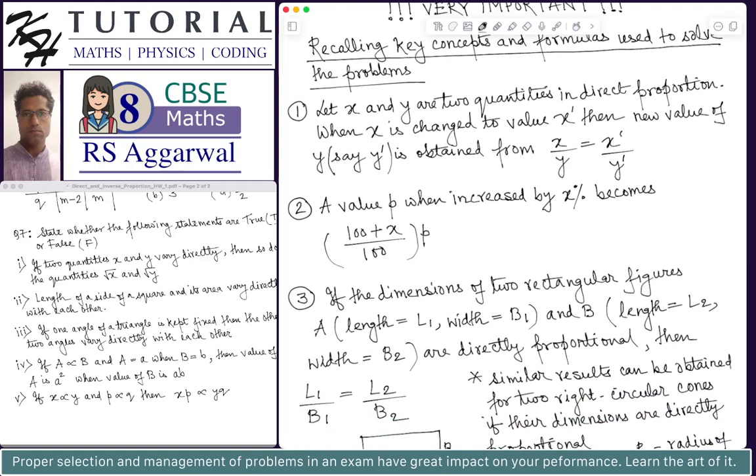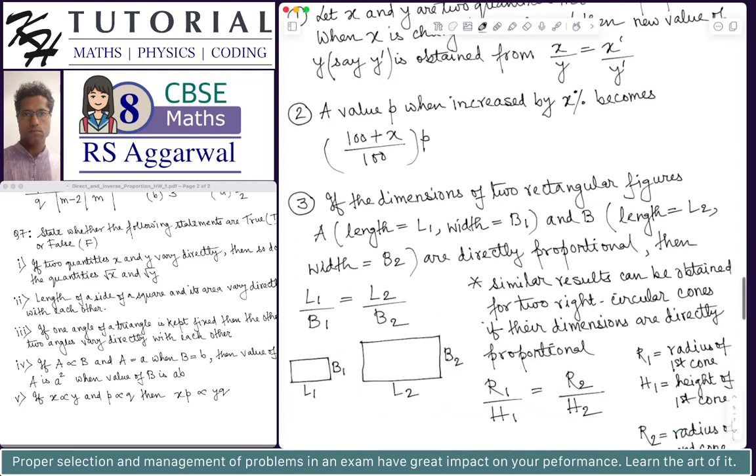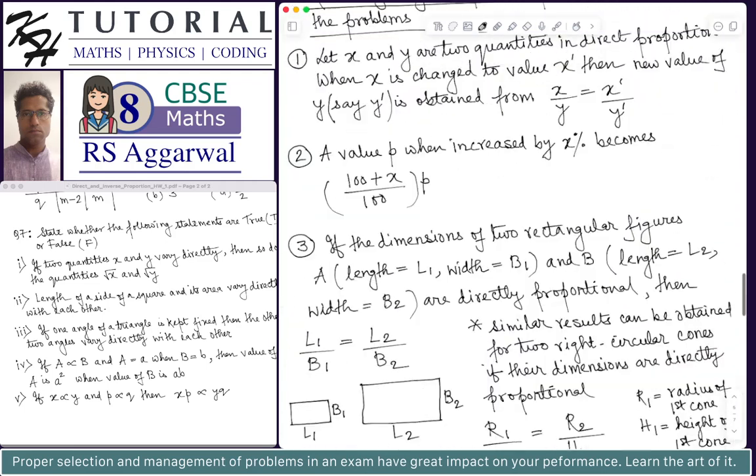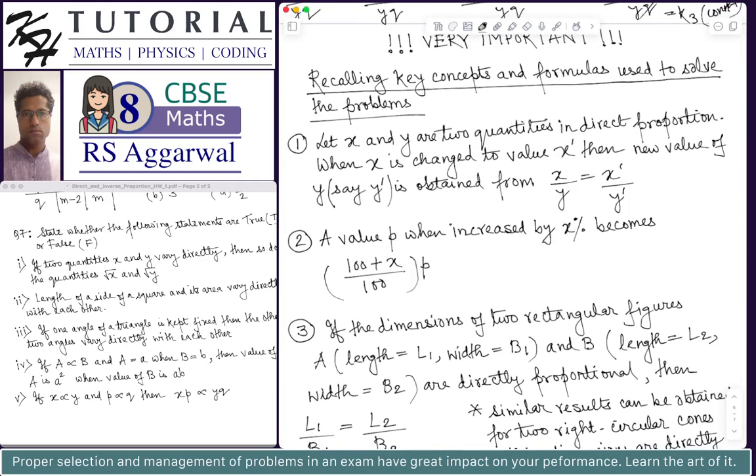This is not in order, there are 5 concepts. The number 1 concept is that if x and y are two quantities in direct proportion, and x is changed to some value x dash, how x is changed to x dash is not important. Somehow by increasing, decreasing, multiplying, doubling, squaring or cubing it, whatever, x is changed to the value x dash.